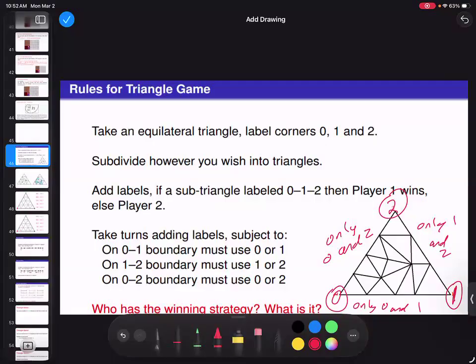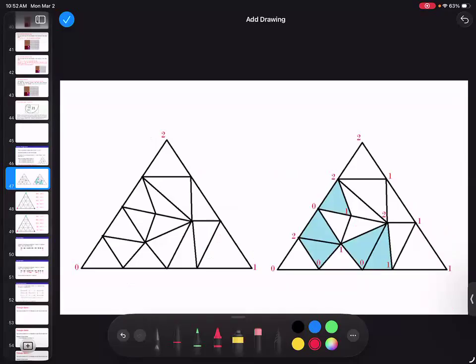Like each side gets a 0, a 1, or a 2. Correct. And I want one of the small triangles to have all 3 labels. If one of the triangles has all 3 labels, then I win. If none of the triangles have all 3 labels, you win. Okay? Who do you think is going to win? Me. So we have to try to find a way to make this game reasonable, right?